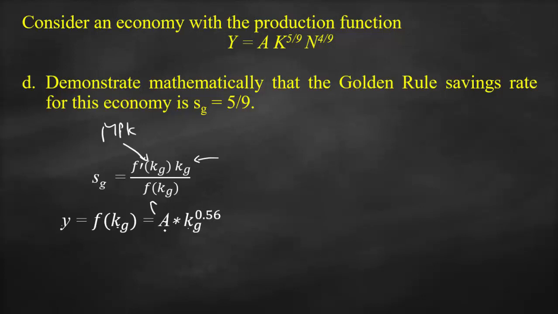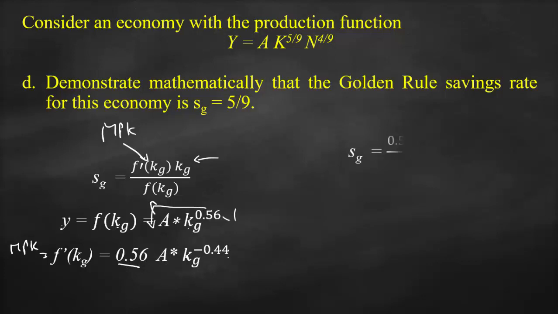So in order to get the first derivative, which is the MPK, the f prime k g, I need to bring the power of k down. So it will be 0.56. And then from the power, I need to subtract 1. So 0.56 minus 1 gives us a power of negative 0.44. So our first derivative will be 0.56 multiplied by a multiplied by k g to the power negative 0.44.